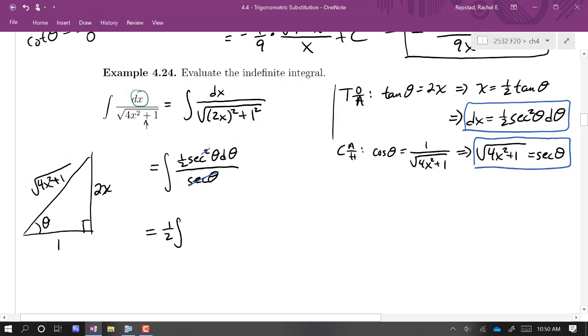So now we have 1/2 times the integral of secant theta d theta. The integral of secant theta is one that we know, or at least one that we know is on that sheet of integrals that we're not really maybe expected to memorize. The integral of secant theta is ln of absolute value secant plus tan.